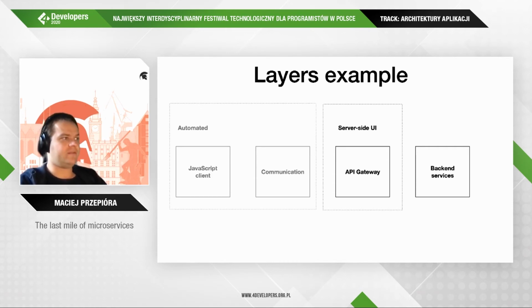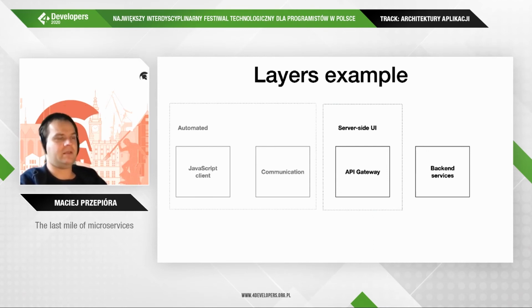and the JavaScript client and communications are basically automated, because by using server-side UI, I mean you write the code that runs on the server side, in this case in your API gateway, and this code takes care of all the logic, all of getting to backend services and so on and so forth.